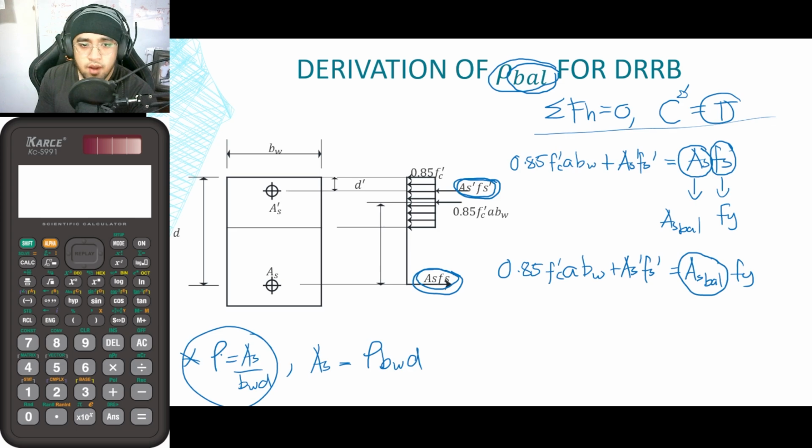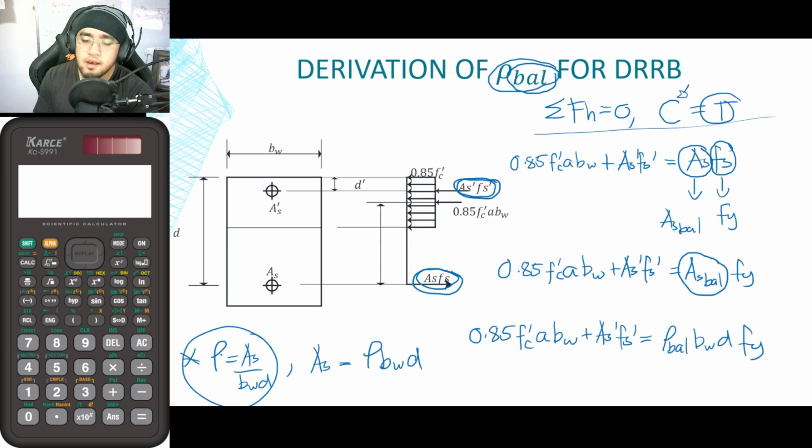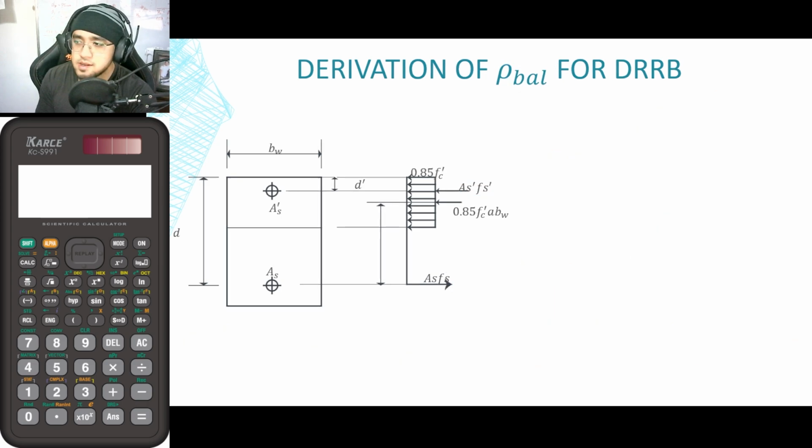Rewriting our equation, this is now equal to 0.85 times f'c times a times bw plus As' fs'. This is now equal to rho balanced times bw times d times fy. Okay, so rewriting this equation on my next slide, since I do not have any more space.